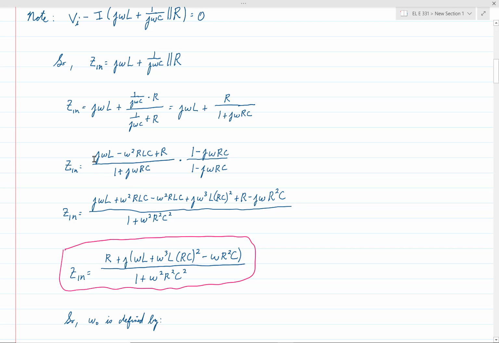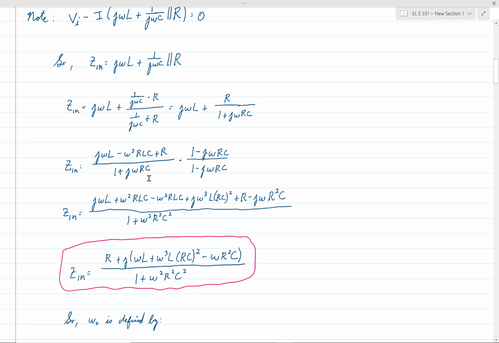And notice that this expression is a complex number divided by a complex number. So that doesn't make it real easy for us to identify the real part of Zin and the imaginary part of Zin, which is what we would like to do, because remember, what we're trying to do here is to find the value of omega that will make Zin purely real. But we can't separate out the real and imaginary parts very easily when both the numerator and the denominator are complex.